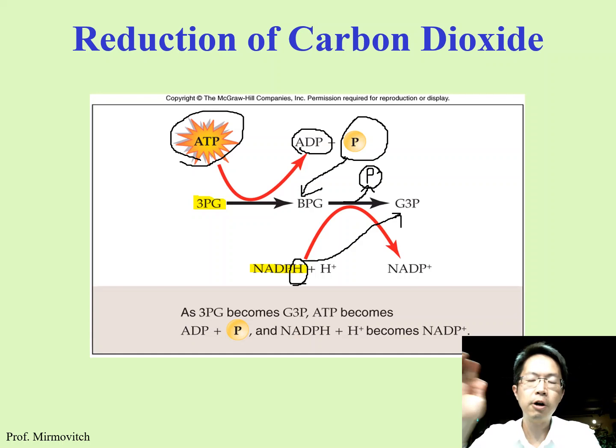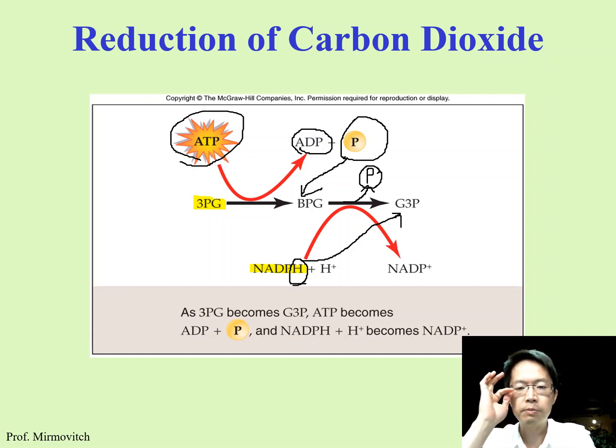The phosphate group goes away from BPG so that the hydrogen atom from the NADPH can bind to the first carbon in G3P. That's all you need to know for the reduction of carbon dioxide: the conversion of 3PG into G3P, using ATP and NADPH.